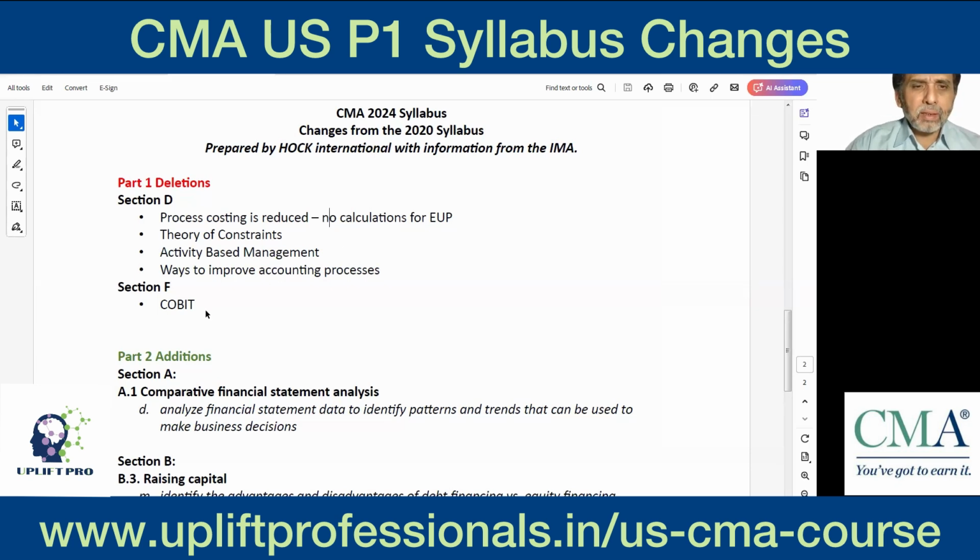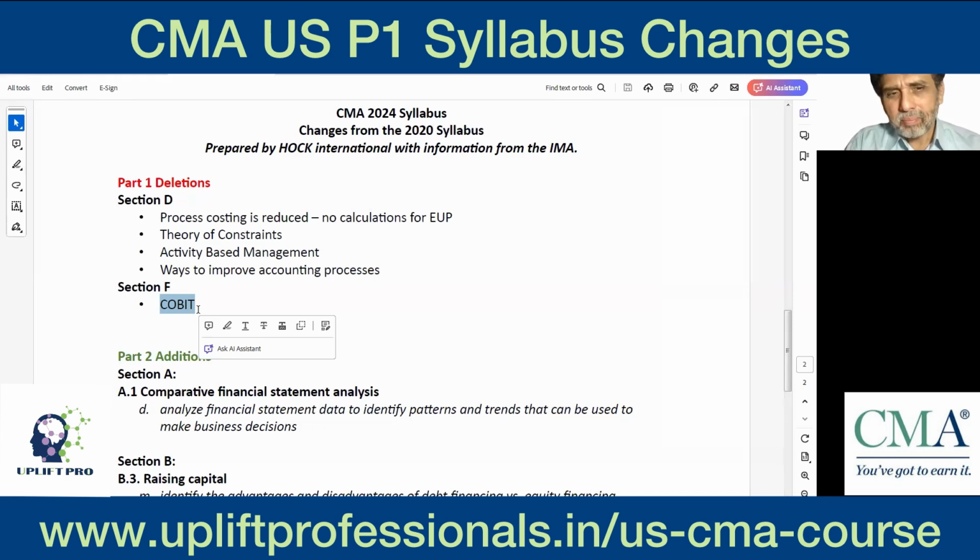And COBIT is one regulation for IT installation. It was a sort of body responsible for installing IT systems, so that has been removed. That was a lot like COSO. COSO also is for internal control, right? What is the full form of COSO? I forget.